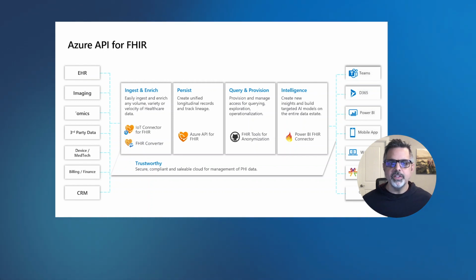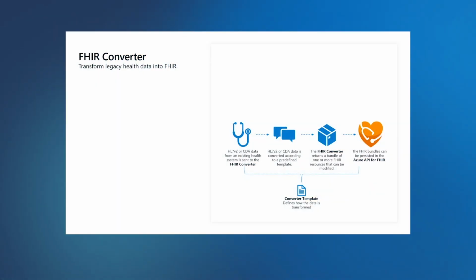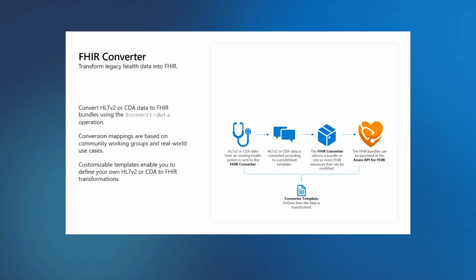This is part of the ingest and enrich phase of moving data through the system. The FHIR Converter is a template-based system that takes the original data in, matches it against a predefined template that you create, and then converts that data into FHIR bundles and returns it to you. Then you can further modify that data and store it in the Azure API for FHIR.